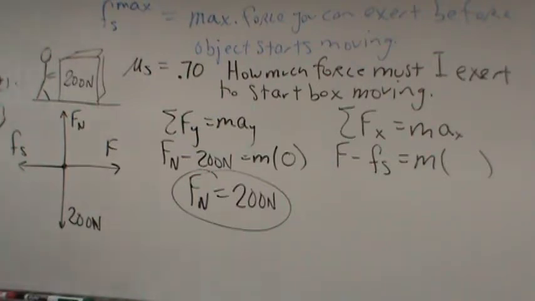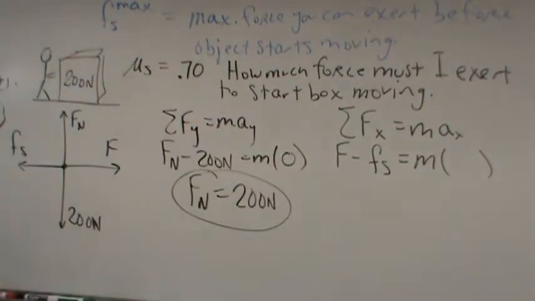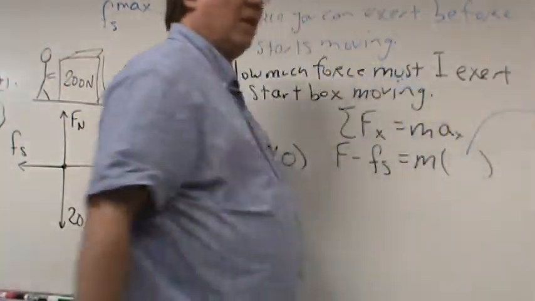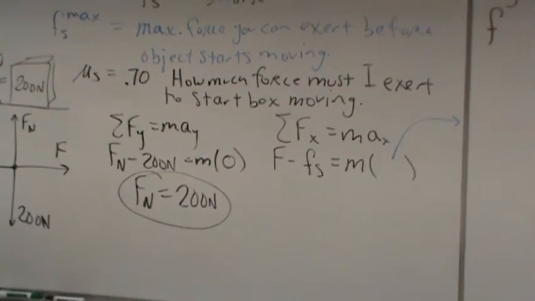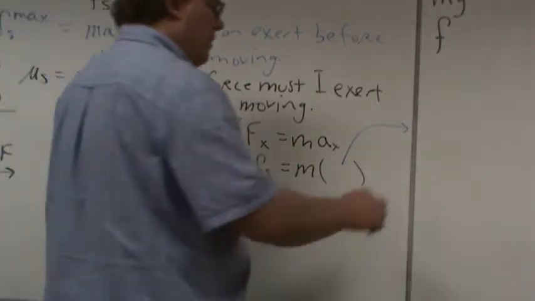We assume if I'm exerting just enough force to break the bonds, I'm not exerting enough force to get it moving. So you get this weird situation where I've broken the bonds, but it's not moving yet. So the acceleration would be 0. I want to make sure it's clear to you guys, because there's going to be a lot of people that with the static friction situation, they're going to go, well, what's the acceleration? And the answer is going to be, for the most part, in this sort of situation, 0.